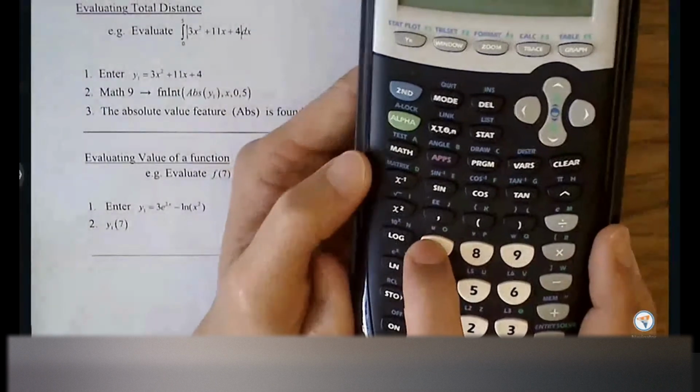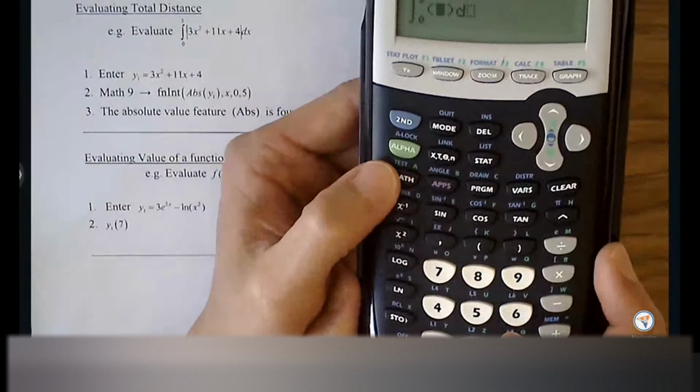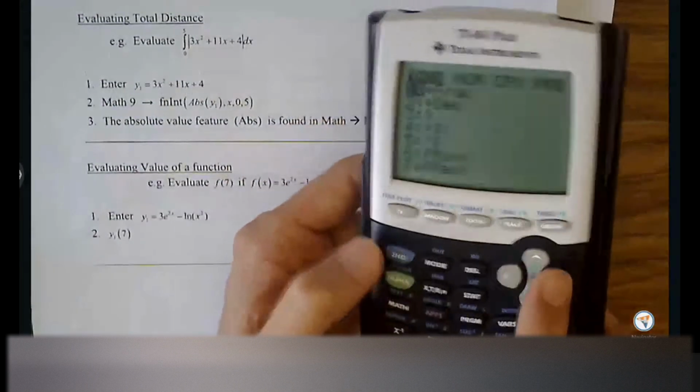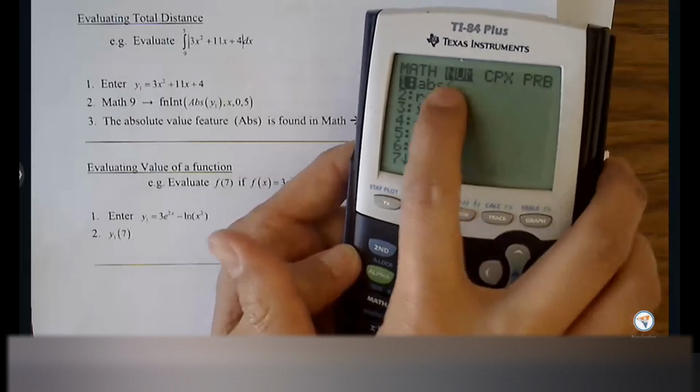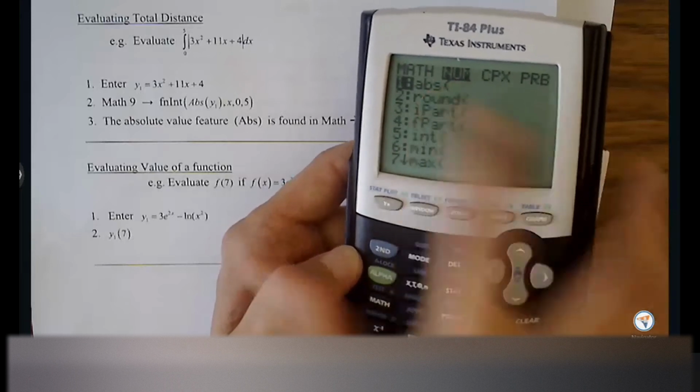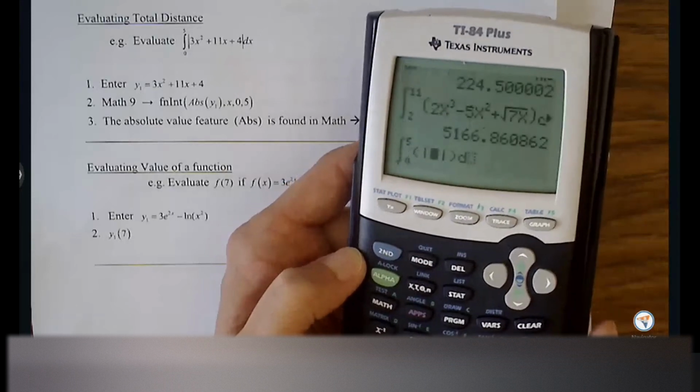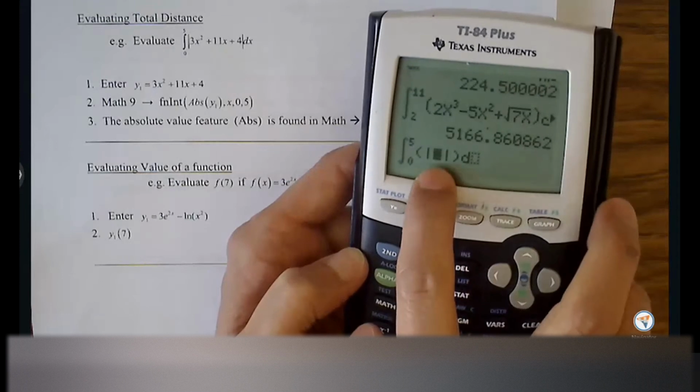So go to math. Math is right below the second button there. But instead of scrolling down under math, you're going to go to number and then ABS. So number, ABS. And that's going to pull up the absolute value bars.